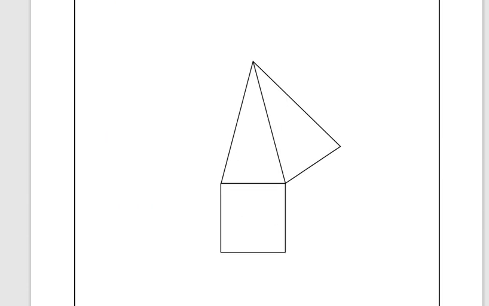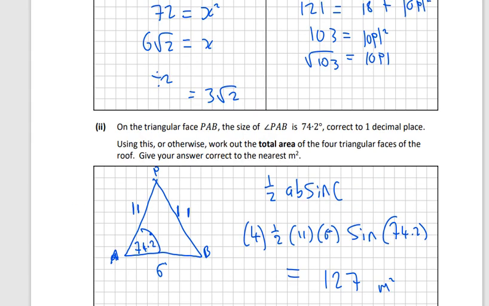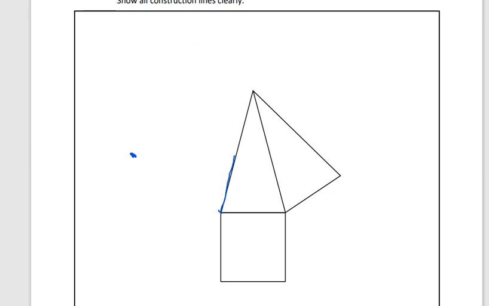So I think if you just use your protractor here and you measure out, so you put your protractor kind of along that line there, and then you measure 74.2, and it'll just give us what it is here, and then you measure out 4, is it 4? Sorry, 6 is the bottom of the triangles. So you just measure out 6 centimeters. So you've calculated your angle there, you measured out, and then you can just connect whatever that point is up to the top. That's one, that's another triangle, and then we just need one more.